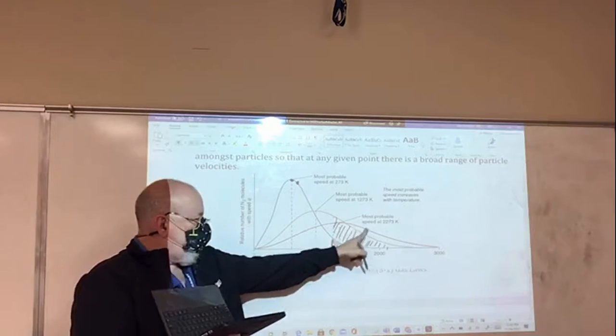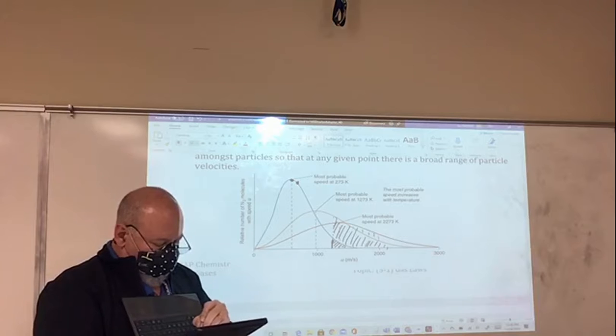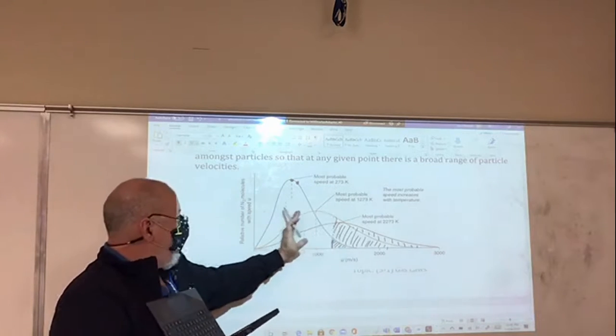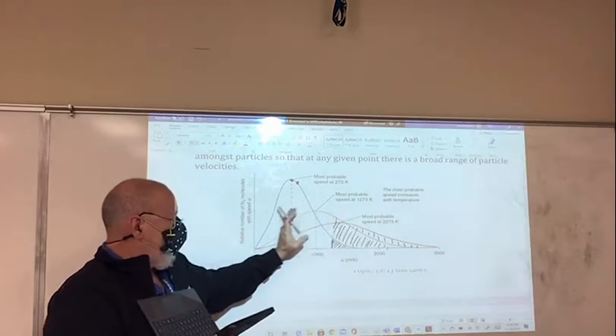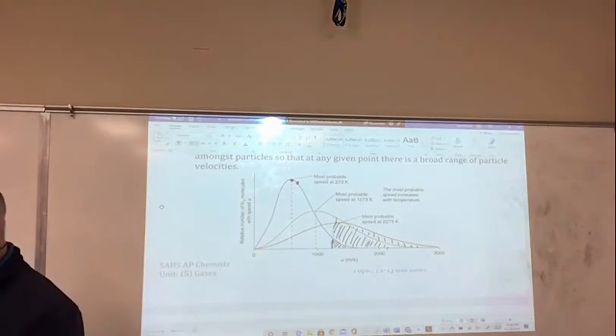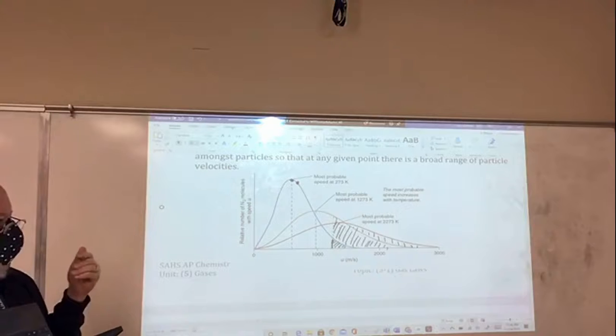And then at this even higher temperature, I'm going to have the ability for all of these particles to react. But I'm still not going to have the ability for these particles to react because they can't smack the other particles with enough kinetic energy to cause the reaction to occur.